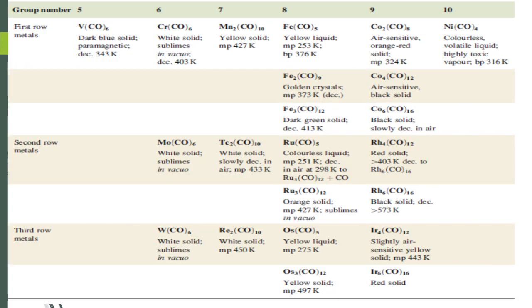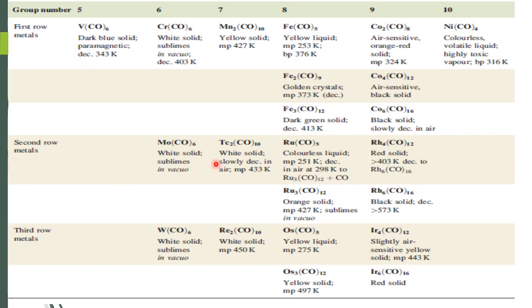Here are a few examples of metal carbonyls, with their state, magnetic nature, and melting points given. Vanadium hexacarbonyl and chromium hexacarbonyl likewise. Iron exists in mononuclear, binuclear, and trinuclear forms, the last called polynuclear. Similarly cobalt; these are the first row metal centers.